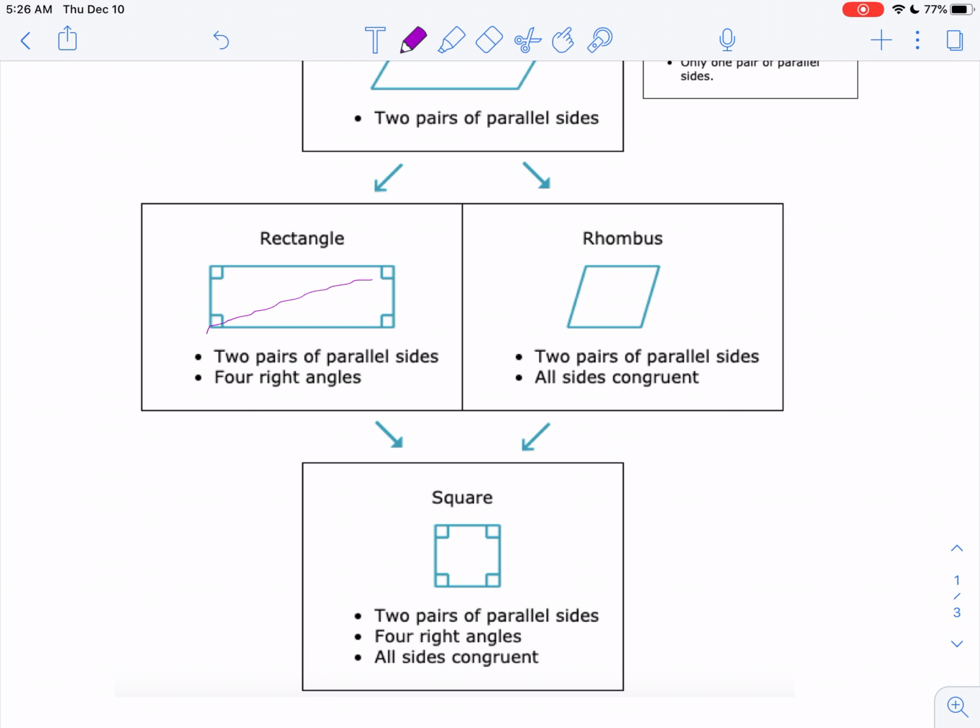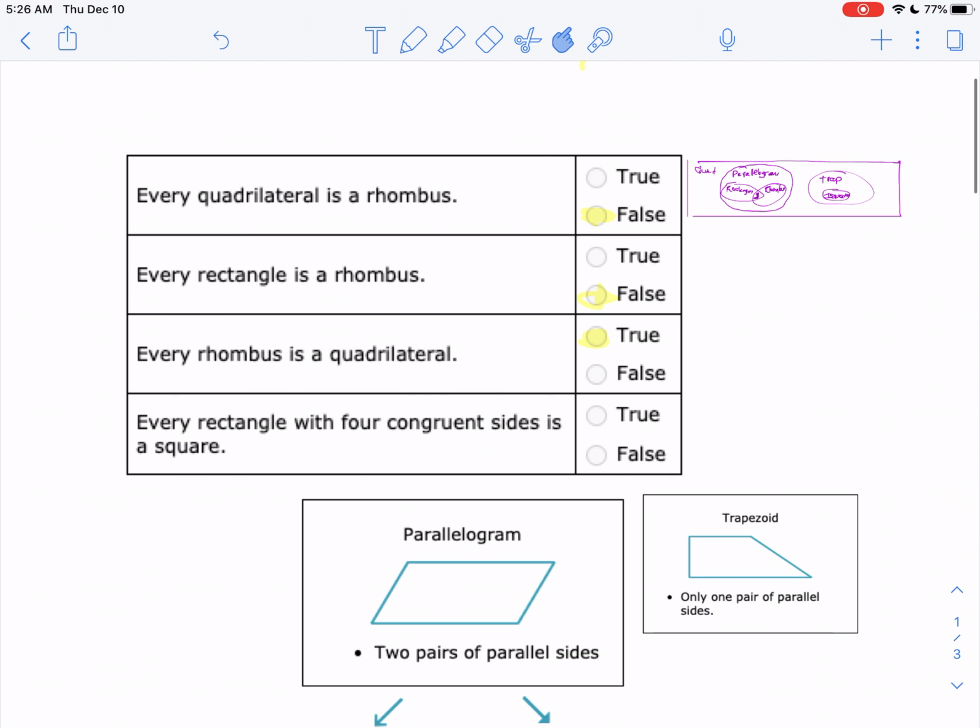They didn't put that one in there. I'm going to. I grabbed this picture off the internet because it looked pretty cool, but I just noticed that. Now, if it has all congruent sides, that's a rhombus. So a shape that's a rectangle and a rhombus is a square. So yes, every rectangle with four congruent sides would be a square.